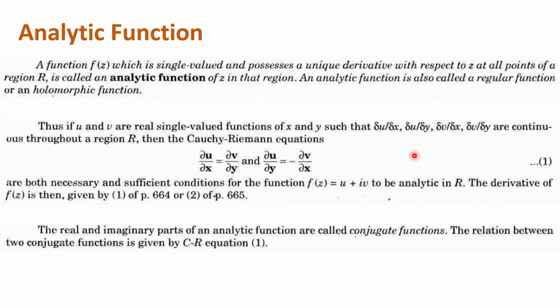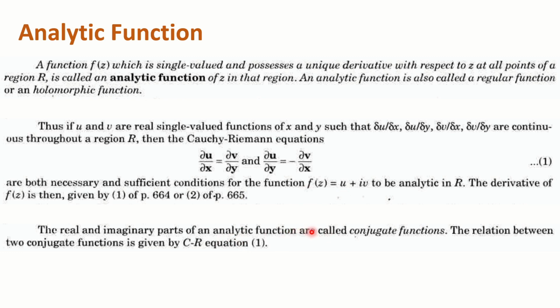The real and imaginary parts of an analytic function are called conjugate functions. The relationship between two conjugates is given by the CR equations. So u and v are the conjugate functions of an analytic function.